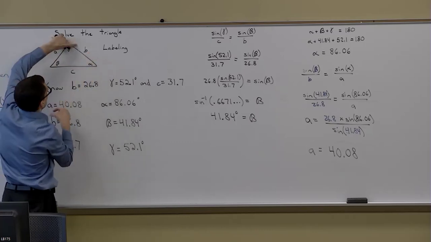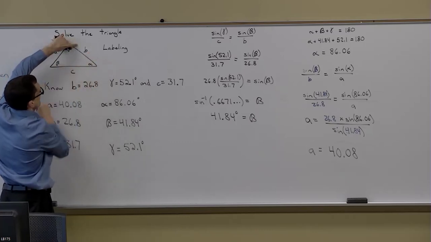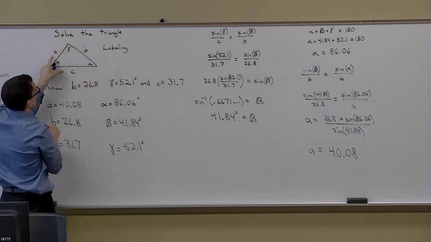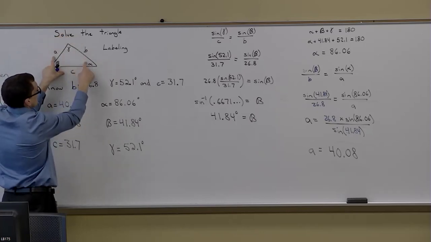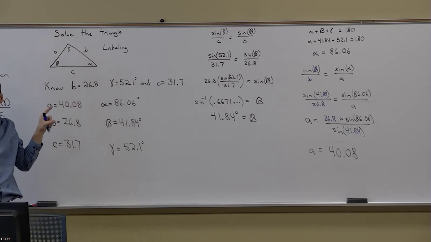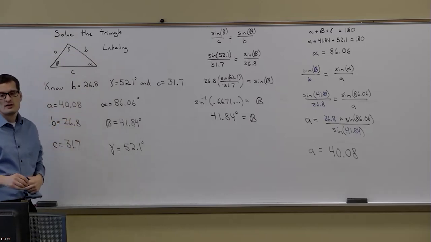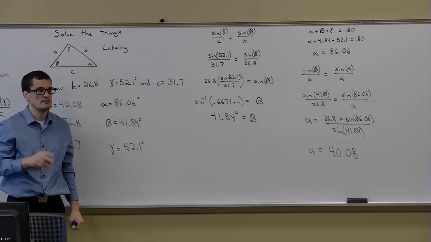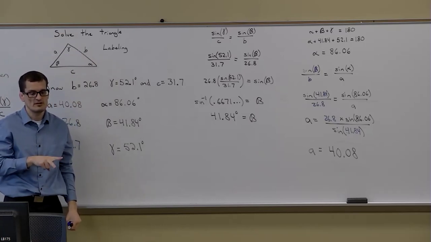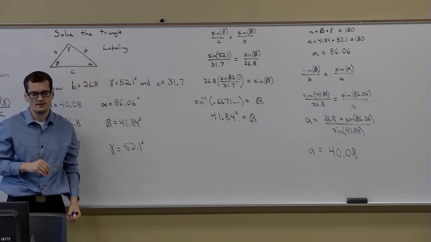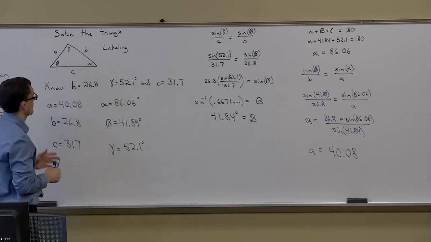If I have A and B and one of those angles, I'm good to go. If I have A and C and one of those angles, then I'm good to go. I can do the exact same process using the law of sines anytime I have two sides and the angle that is not in between. That's called side angle. Then the law of sines works.